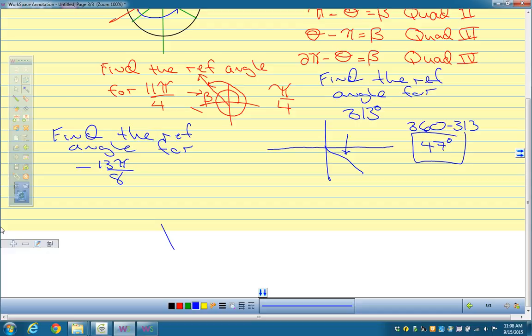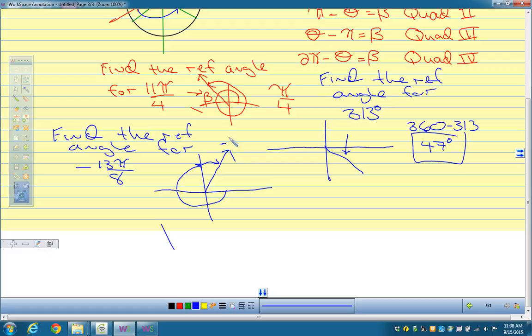I just made that one up. That's a good one. Think about it, okay? You're going this way. Would I be past here? That's 8 pi over 8, right? This is 4 pi over 8. 8 pi over 8. 12 pi over 8. 13 pi over 8 is going to put you somewhere over here.